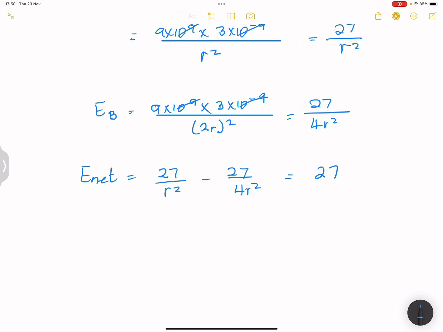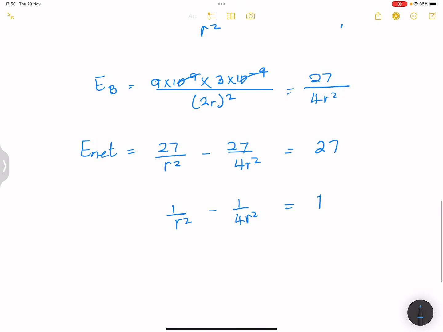Now of course you can do this any way that you like. If I look at that, I see all of them are 27. You can divide by 27 all throughout, so that will give me 1 over R squared minus 1 over 4R squared, which will give me 1. So let's try and work around this.